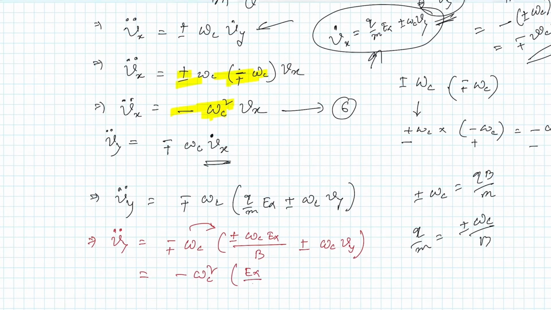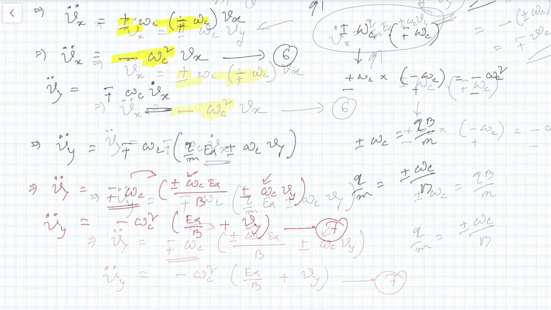So Ex by B plus Vy. That means we have taken plus minus omega c common, then multiplied with minus plus omega c. So we have got Vy double dot, this is equation number 7. Hope you have understood this.